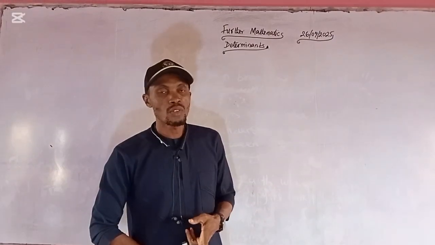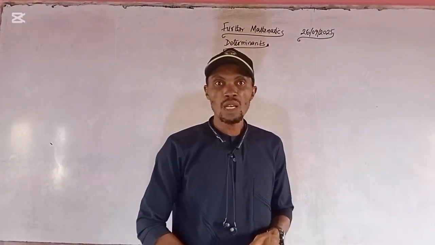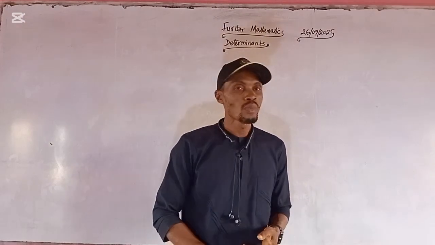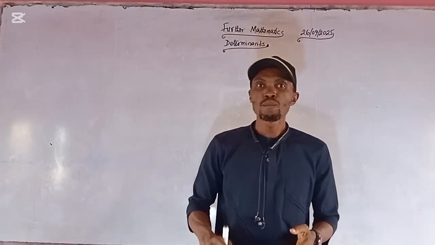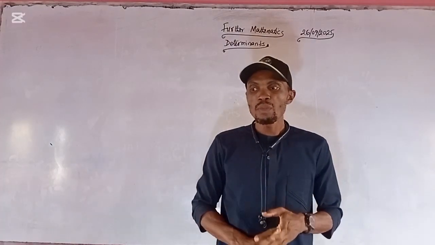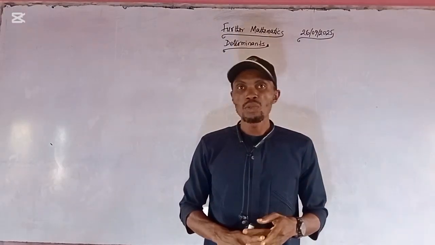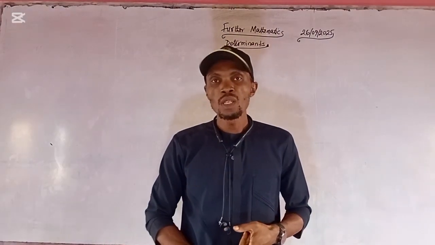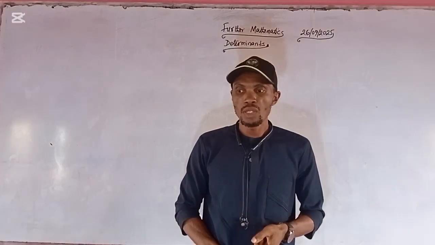We have discussed multiplications of matrix as well as scalar multiplications of matrix. So in today's class, we are going to be looking intensively at determinants of matrix. So I want you to keep abreast with me as I walk you through this part of knowledge.